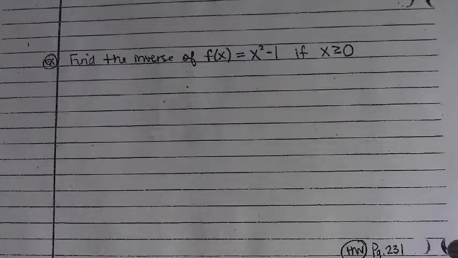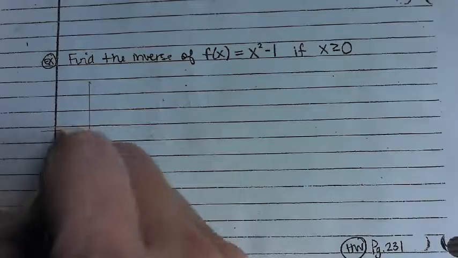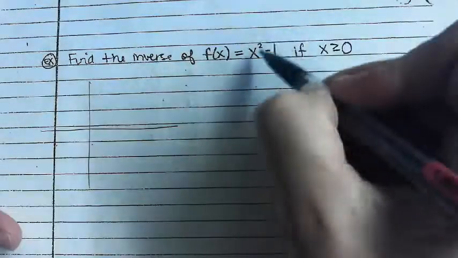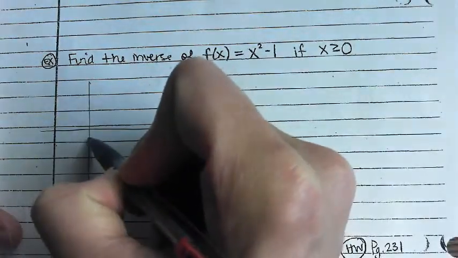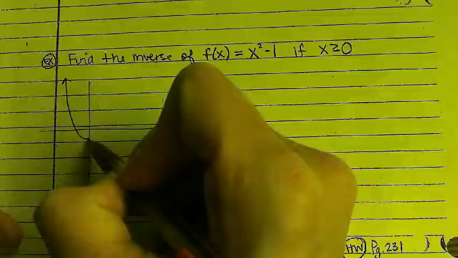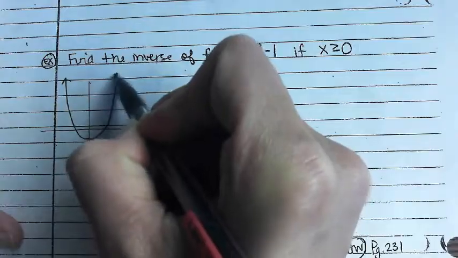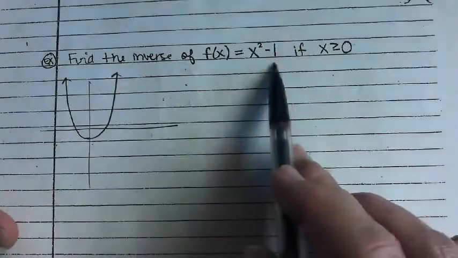All right. Lastly, this one's a little bit special because it says to find the inverse of f of x equals x squared minus 1 if x is greater than or equal to 0. Now, there's a reason why it limits the domain. So here's the graph of x squared, the parent graph of a parabola, minus 1. That's the whole function.